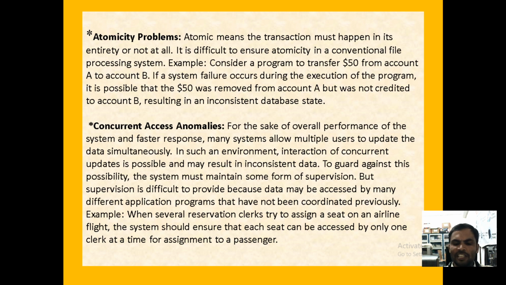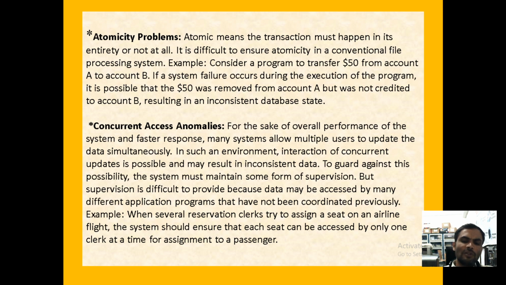Maybe there are 10 counters, and in each line maybe 20 persons, so around 200 persons. Among the 200 persons, just consider 10 persons want to go to Bangalore, but only 2 tickets are available. From counter 1 to counter 10, n number of persons will be there.